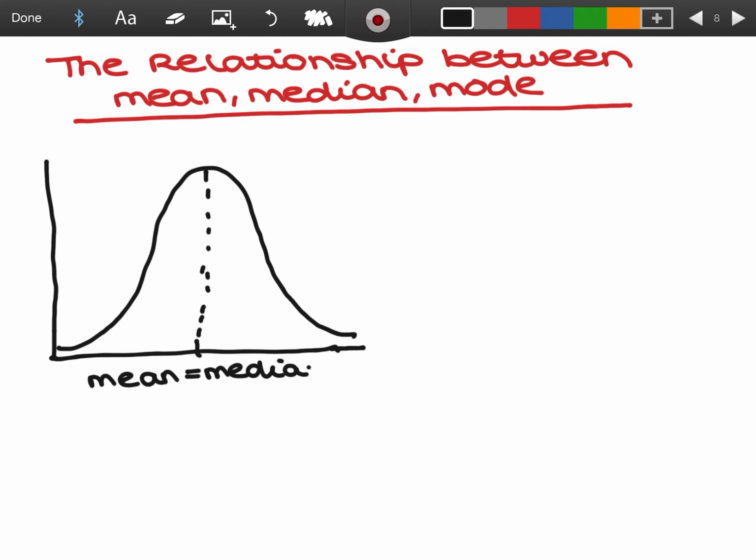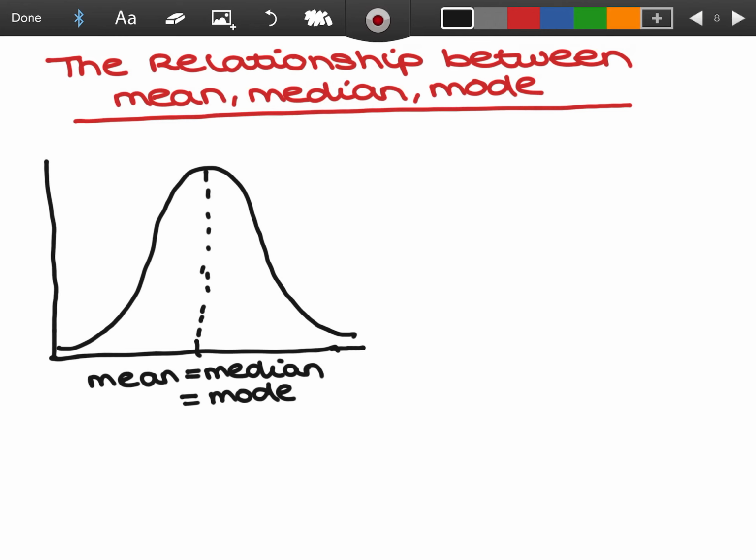The mean will actually equal the median, which will actually also be equal to the mode. So if you have perfectly symmetric data, those three values are the same, because that particular class will have the central tendency of the mean. It will contain the average. It will also contain the center point of the data, the median, and it will also be the most often occurring class. So when you have perfectly symmetric data, the mean is equal to the median is equal to the mode.